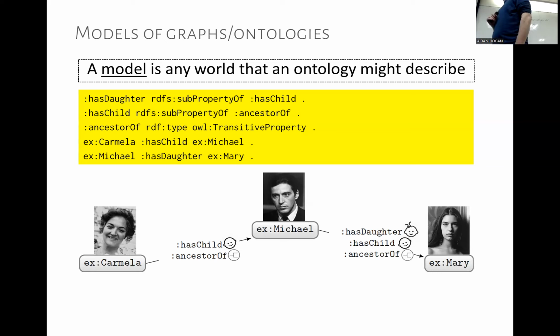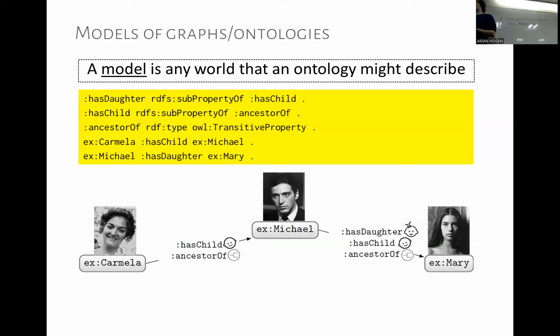Essentially, we have to see if this is a possible world that this ontology could be describing, which means that it needs to be somehow complete. What do I mean by complete? In this case, for example, Carmela is not noted to be an ancestor of Mary.